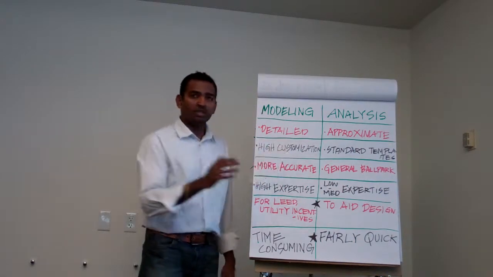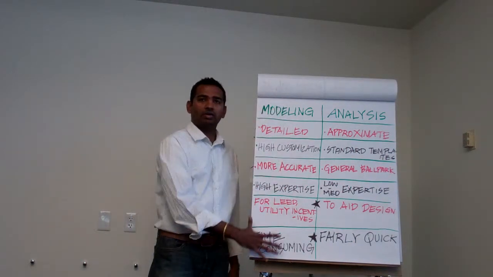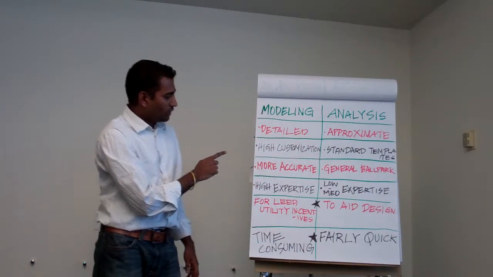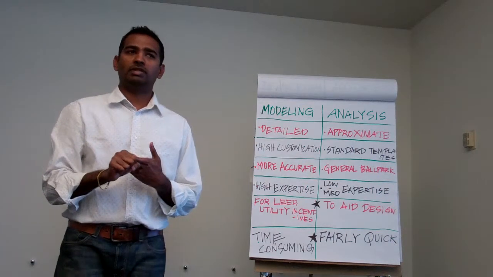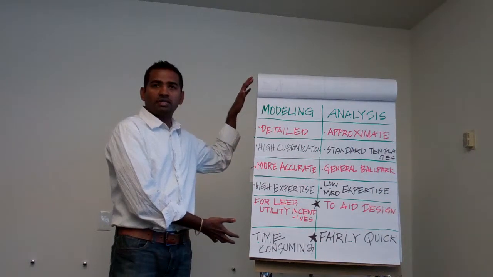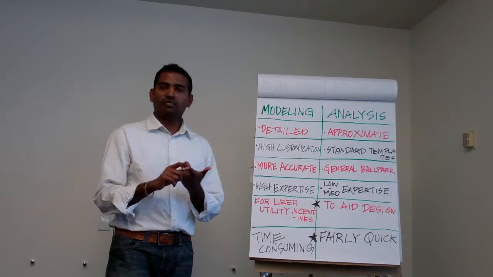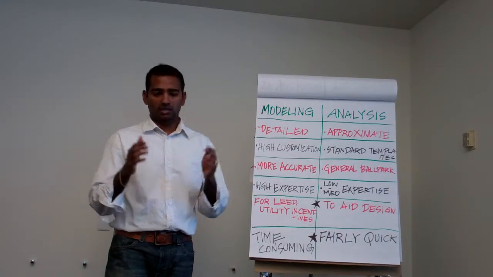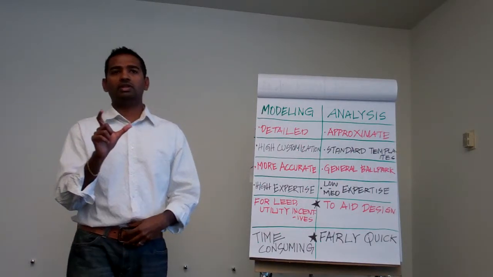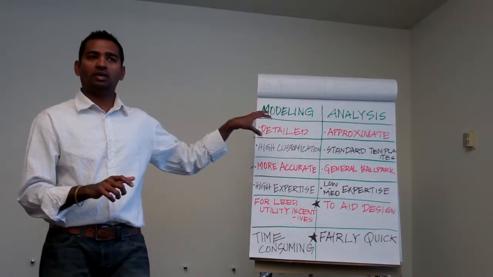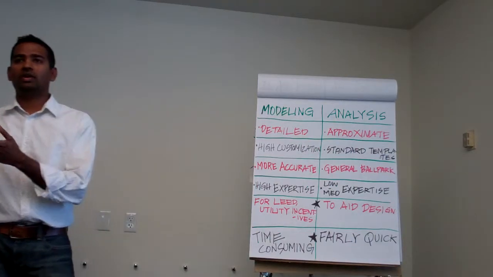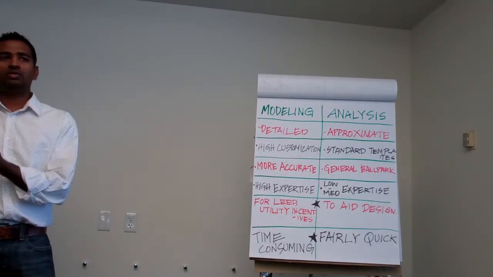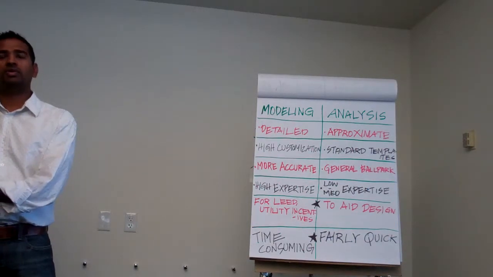But the results of energy modeling could be more accurate than energy analysis. And the reason for that is, as I mentioned, of the list of complexities that I told you, take for instance operations. Assuming that my school building is a 9-month operation, so that's one level of assumption, as opposed to figuring out exactly it starts at 8 o'clock in the morning and it goes to August 16th and there's a break for 12 days.